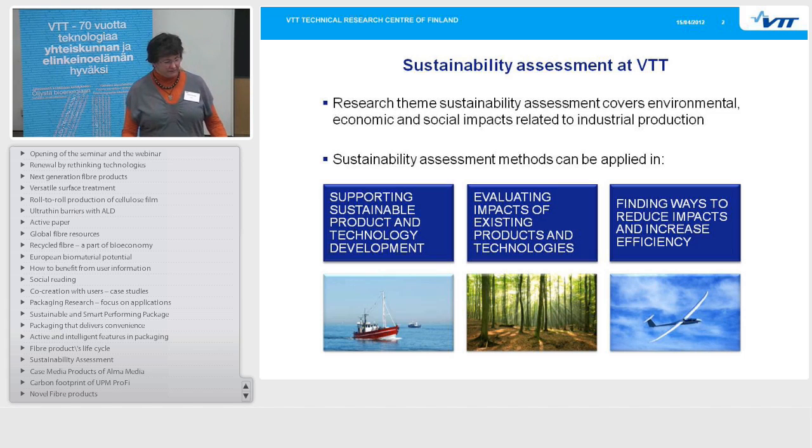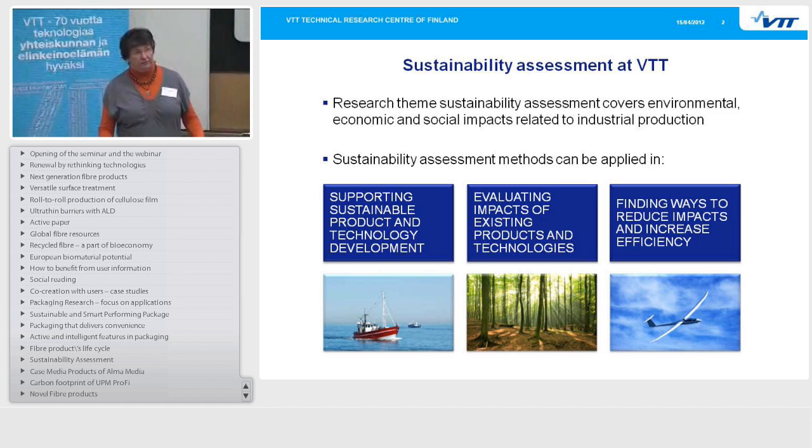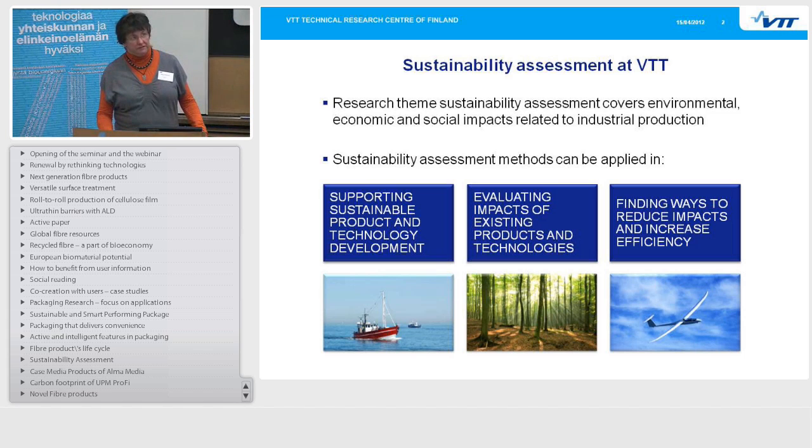When we are thinking about sustainability, it's good to realize it consists of three elements: environment, and economic and social issues. But in practice, however, most of the methods are focused on environmental sustainability.